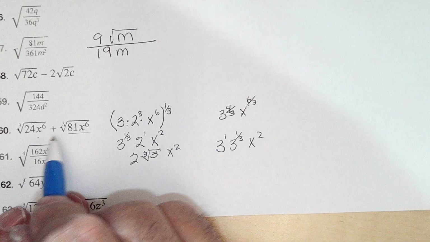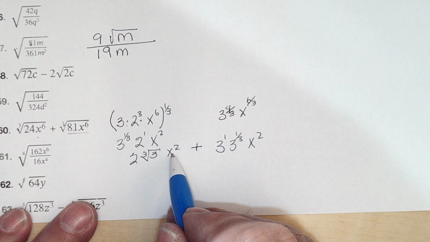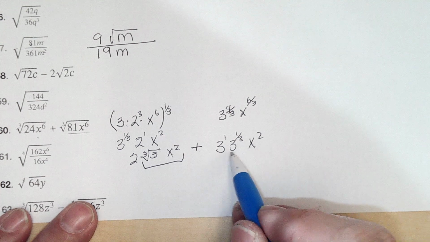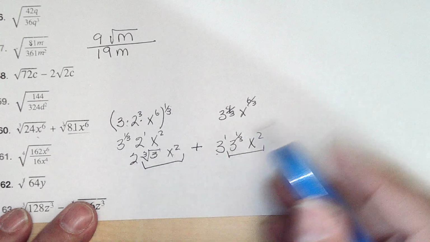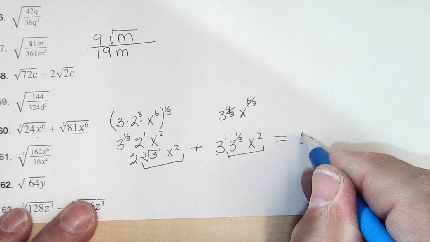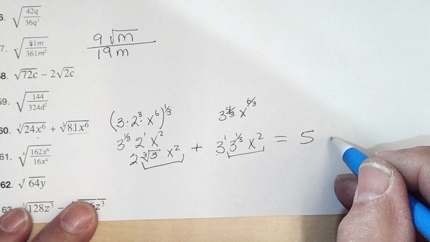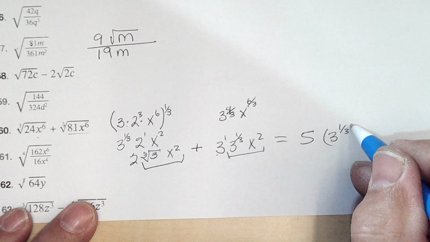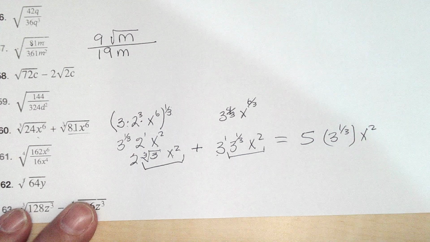So we have these two added. We have x squared cube root of 3, x squared cube root of 3. Those are identical. We have 2 of them plus 3 of them, making 5 of these. Cube root of 3 times x squared.